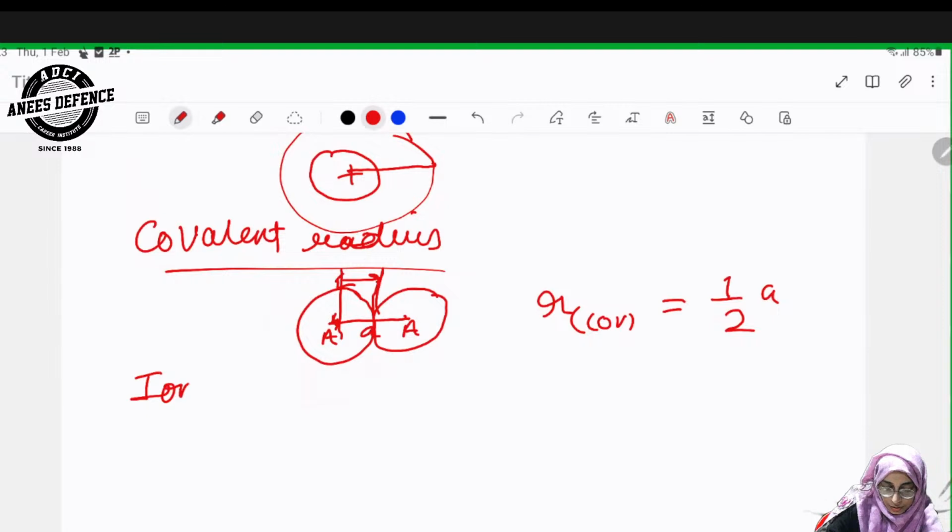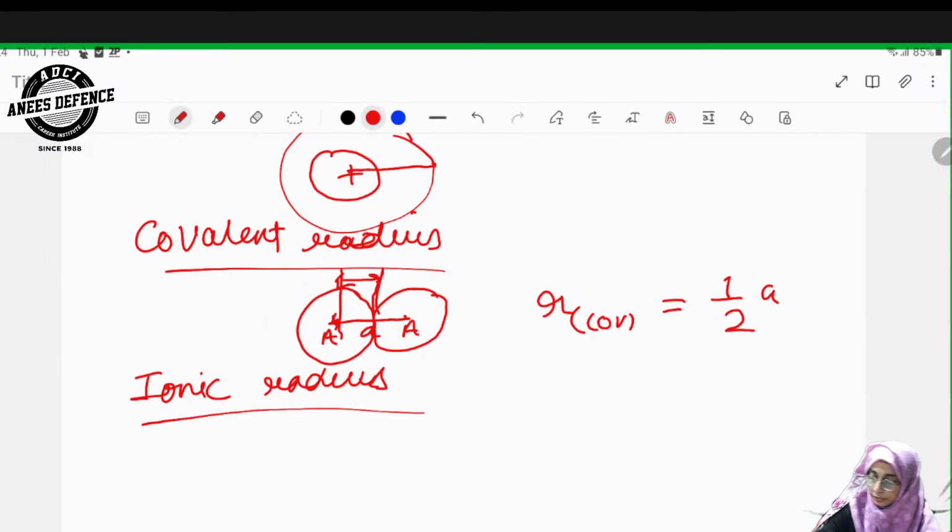Next is the ionic radius. It is the distance from the center of an ion's nucleus to the point where the ion has an effect on the electron cloud. The ionic radius is between two atoms with different electronegativity, because they are formed by the transfer of electrons.